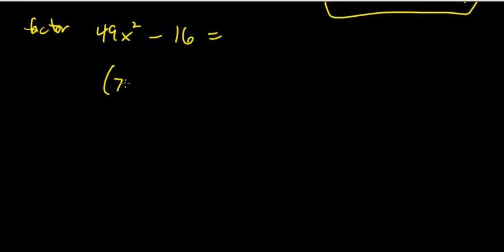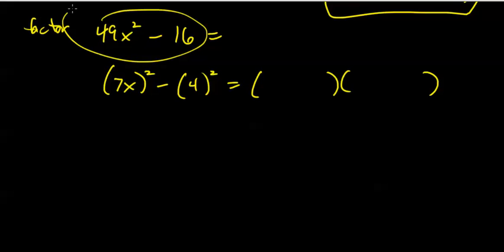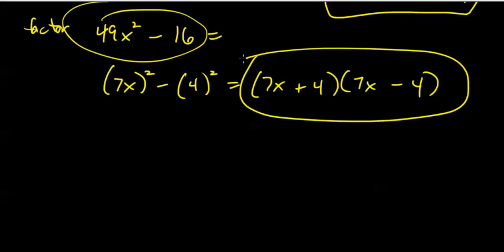So I can rewrite this as 7x squared minus 4 squared. Most times we don't have to write that intermediate step. Most times we can go right from here to here. 7x plus 4 times 7x minus 4. And indeed, if you multiply this product, you will get 49x squared minus 16.